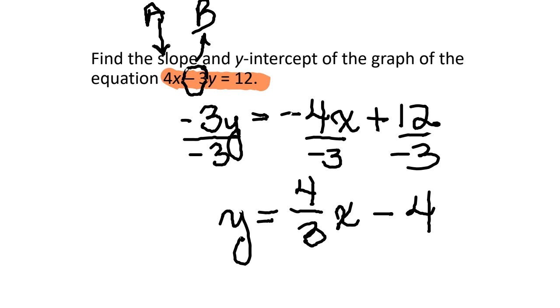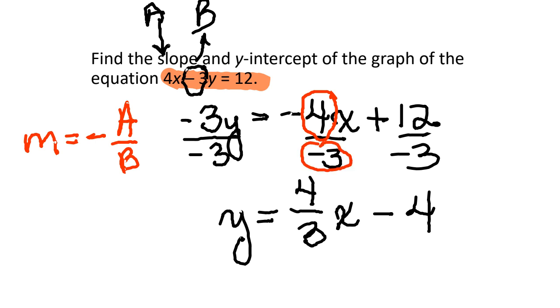If I know that in standard form, my slope is equal to negative a over b, notice that this was my a, this was 4, my b was negative 3, and there's my negative sign. Notice what I got here, 4/3.